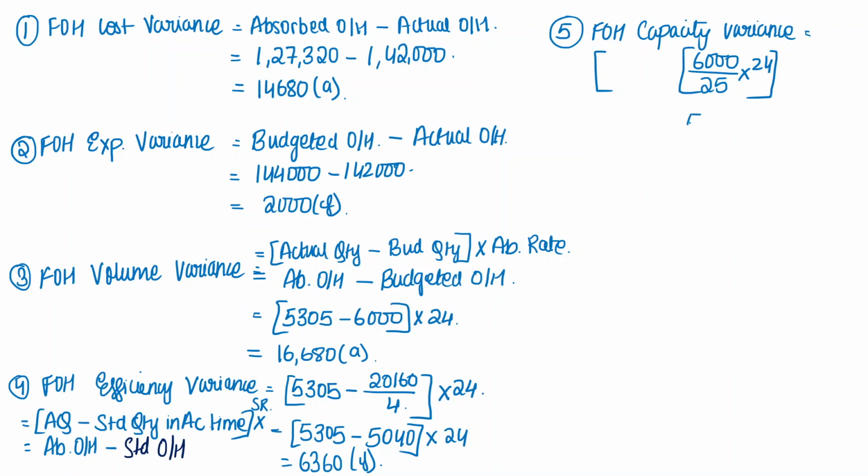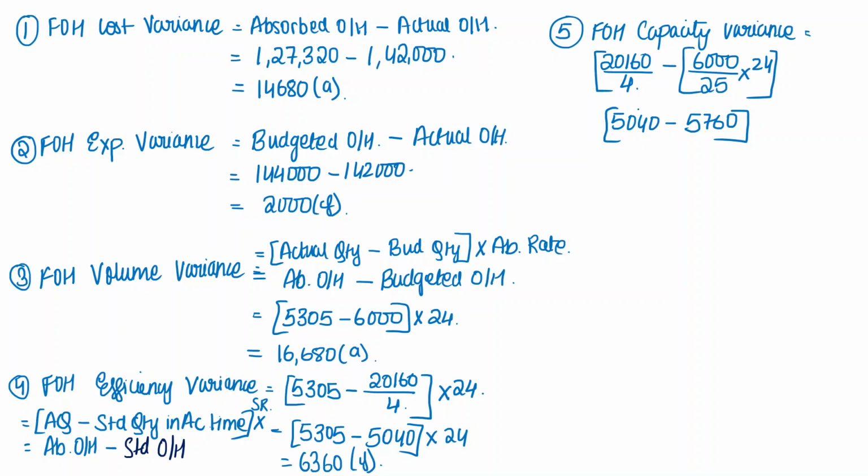So you should have utilized a capacity worth making 5,760 units. But you have utilized a capacity to make 20,160 by 4, that is 5040 units. Ma'am, what are you saying? We have actually made 5305 units. Yes or no? But the time that you have taken is worth 5040 units.